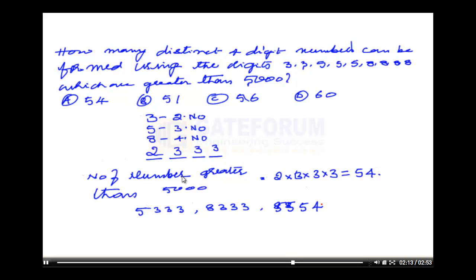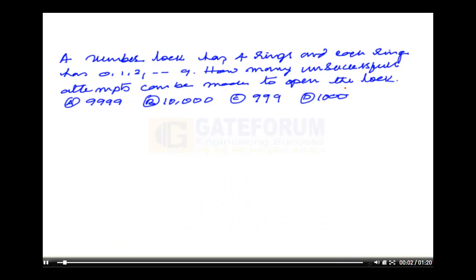All these numbers are greater than 5000, but the above 3 numbers are not possible because we have only 3 in 2 numbers, hence the first number is impossible. Likewise the second number is also impossible. The third number is not possible because we have only 3 fives. Subtracting the above 3 numbers, the required numbers are 54 minus 3, that is 51. Hence your answer is B.